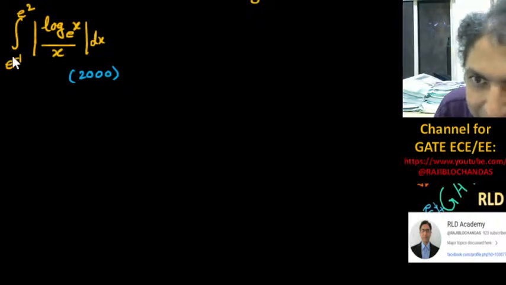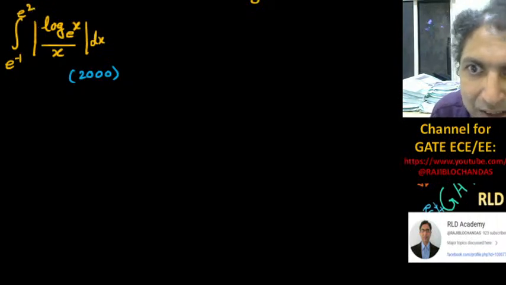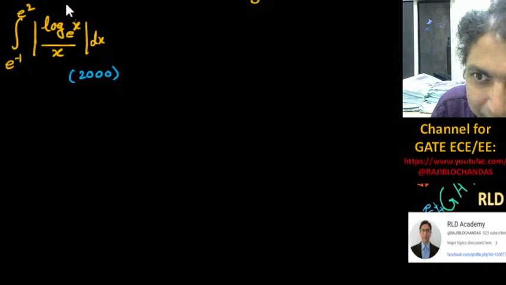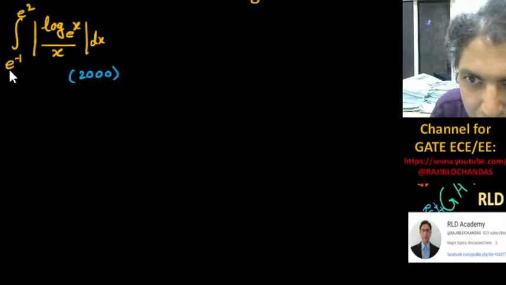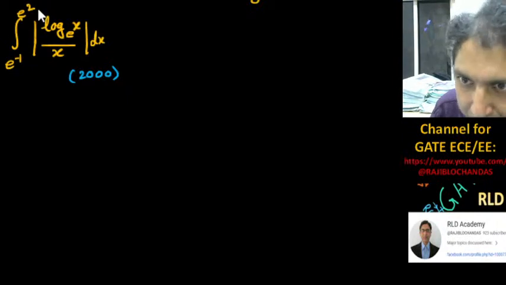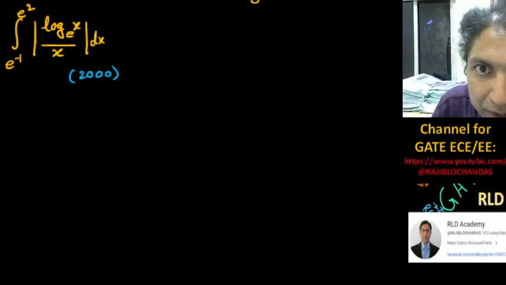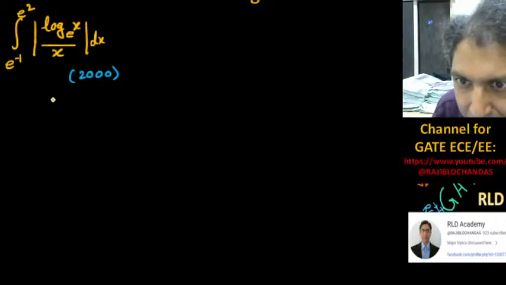Now see the range: the lower limit is e to the power minus 1, the upper limit is e square. You know that e to the power minus 1 is positive, e square is also positive, so x is positive, no problem at all. The only problem is this log x.